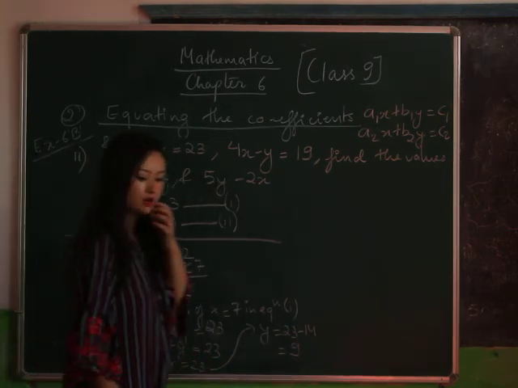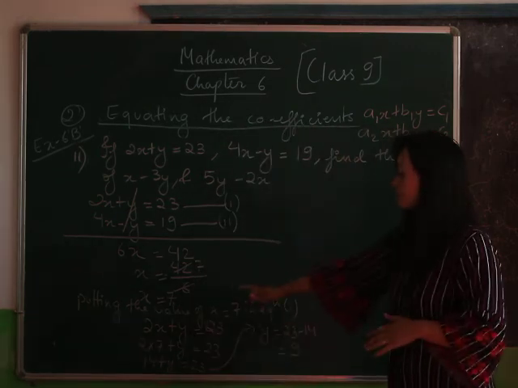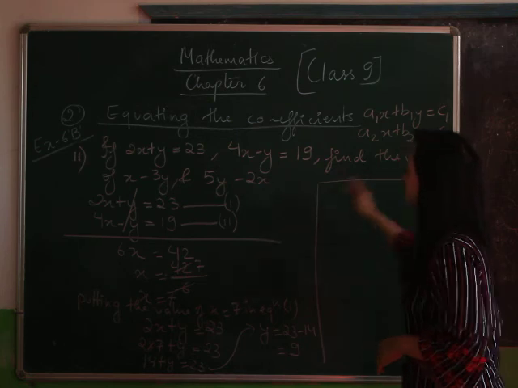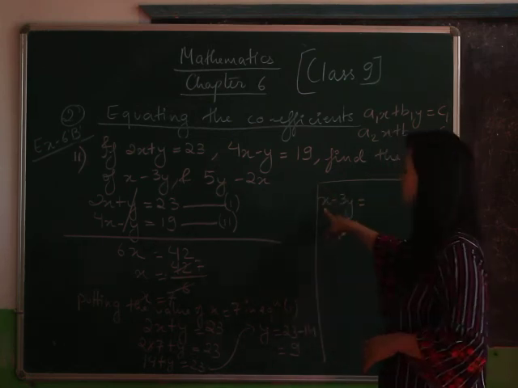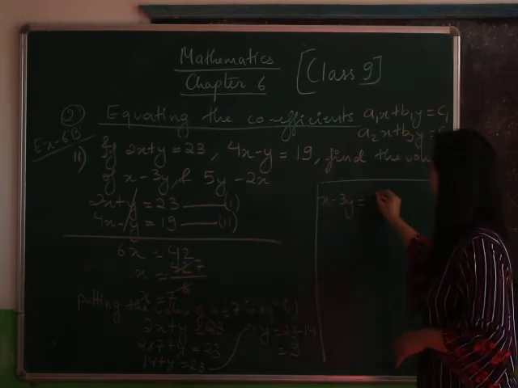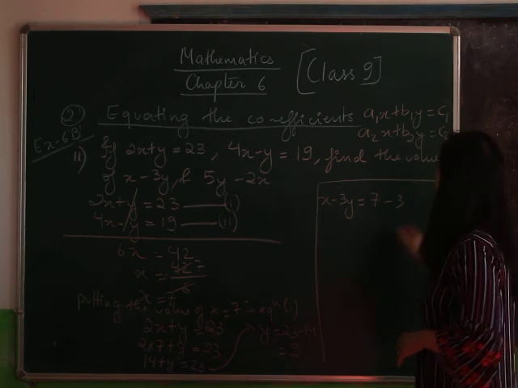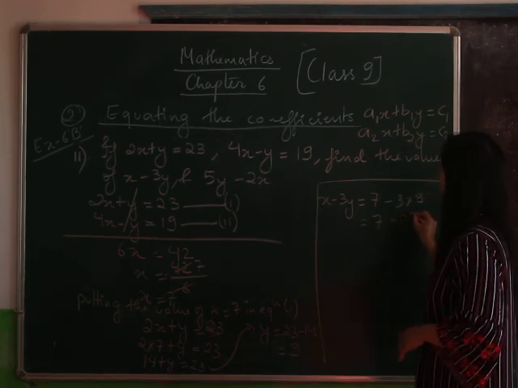So what did we get as the value of y? We get the value of y as 9. We got the value of x as 7. Now we can find the value of x minus 3y. So x minus 3y would be equal to 7 minus 3 into 9, which is 7 minus 27.